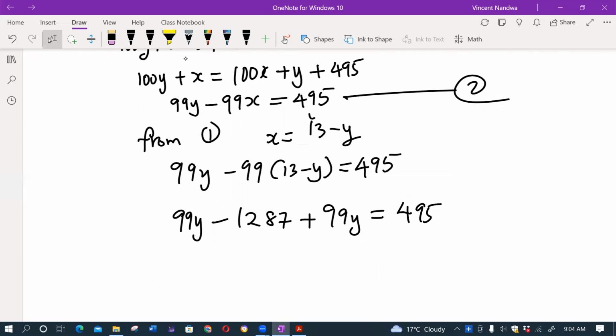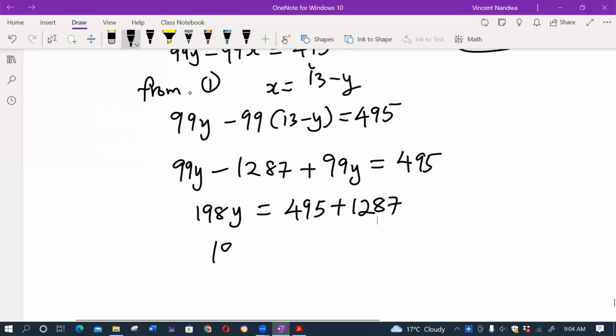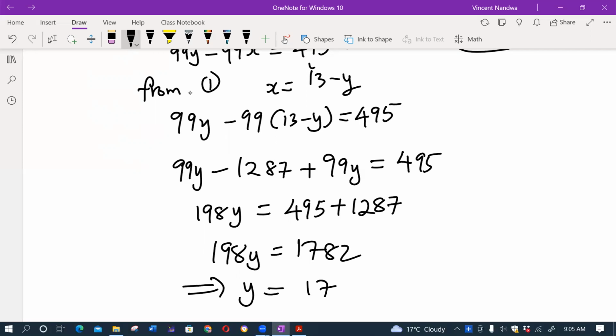So 99 plus 99 is 198y equals 495 plus 1287. So 198y equals 1782, which means y is 1782 divided by 198. When you divide, you get 9.